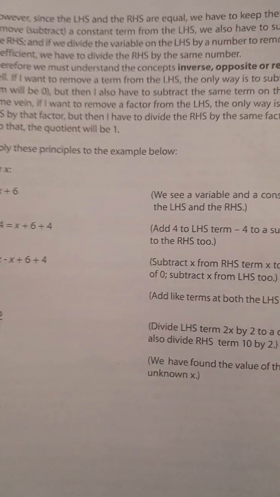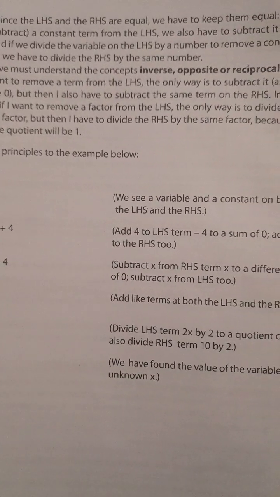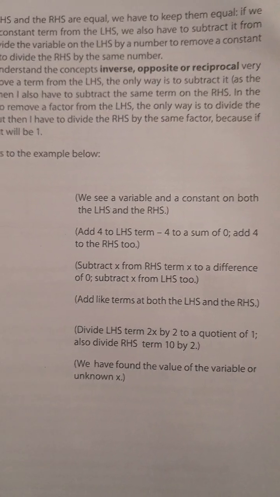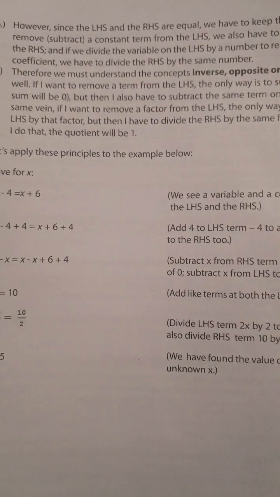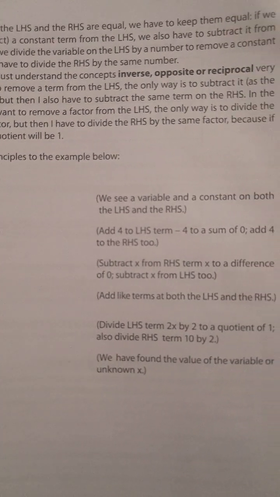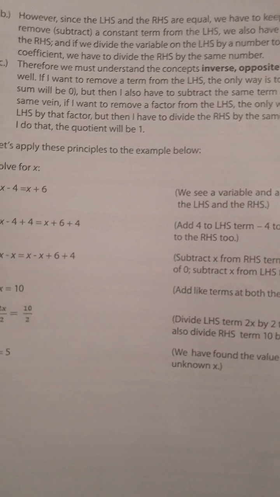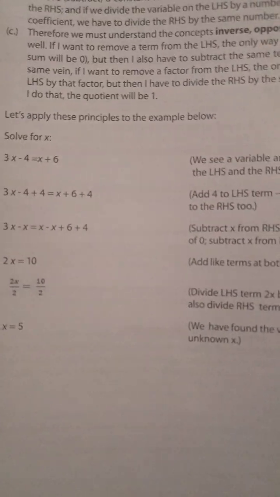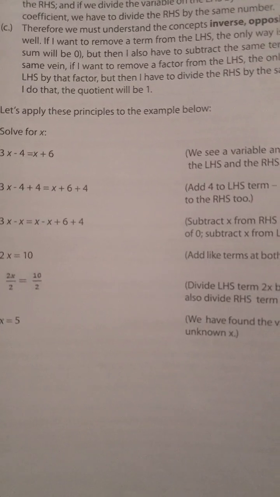B, however, since the left hand side and right hand side are equal, we have to keep them equal. If we remove or subtract a constant term from the left hand side, we also have to subtract it from the right hand side, just as I've done there, guys.